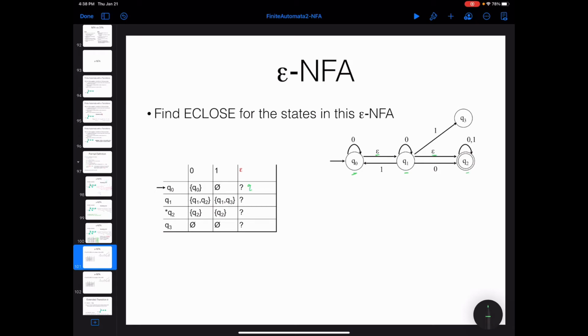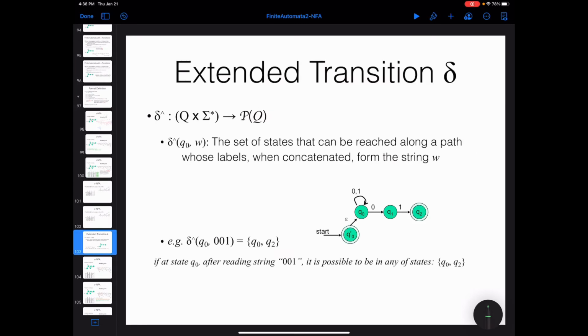So this one is going to be Q0, Q1, Q2. For Q1, because of this epsilon transition, it's going to be Q1 and Q2. For Q2, we don't have any epsilon transition, so it's going to be only Q2. For Q3, there is no epsilon transition, so it's going to be Q3. So this is going to be equivalence.